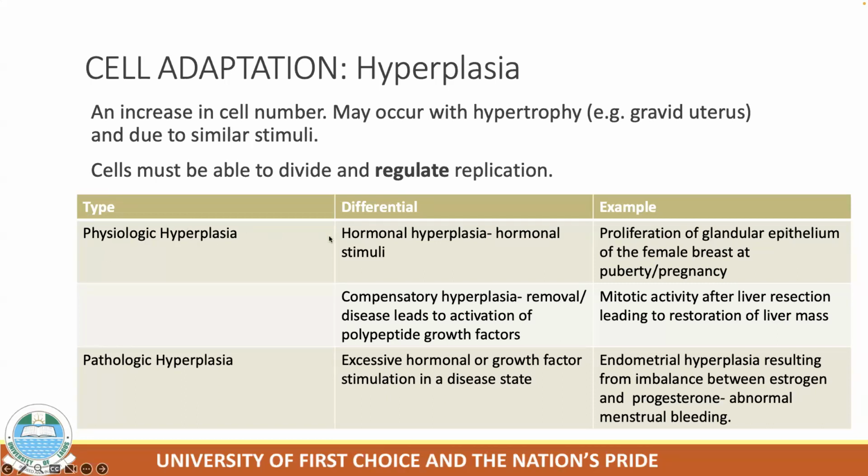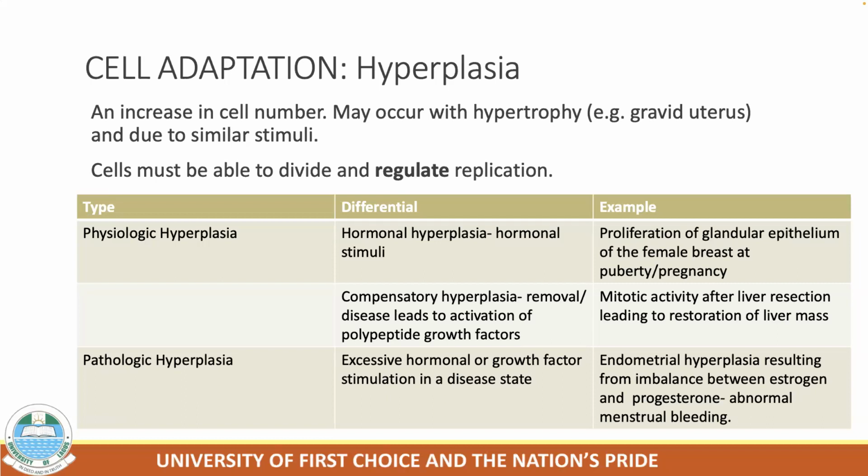Physiologic examples of hyperplasia include hormonal hyperplasia, like the proliferation of glandular epithelium of the female breast at puberty or during pregnancy. Another example of hyperplasia, a very important one, is compensatory hyperplasia. This happens when, due to disease process, a portion of tissue is lost. Resection is a surgical process of removing either dead or diseased tissue in the liver or any other place, right?